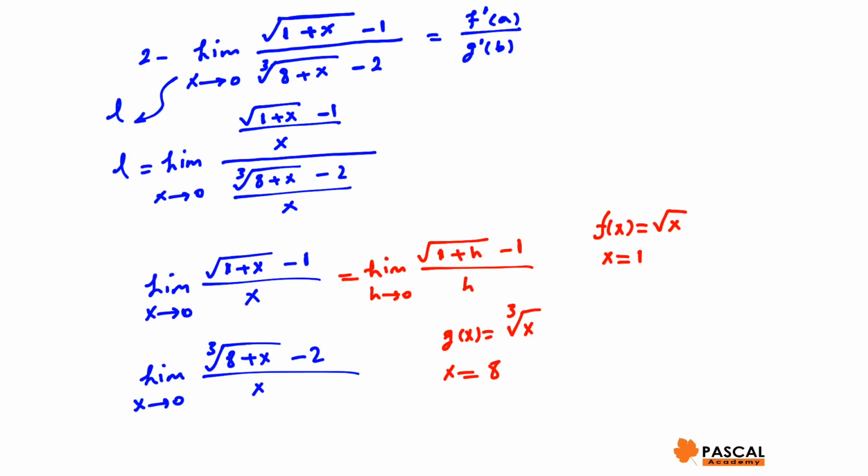Therefore, a is 1, b is 8, f of x is square root of x, and g of x is cube root of x.